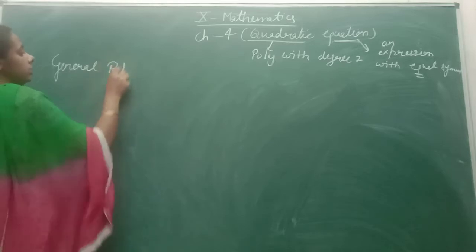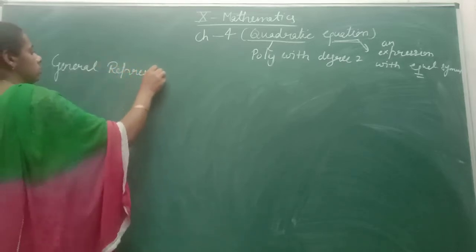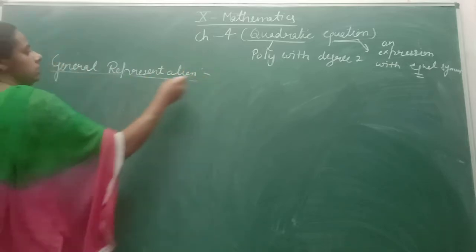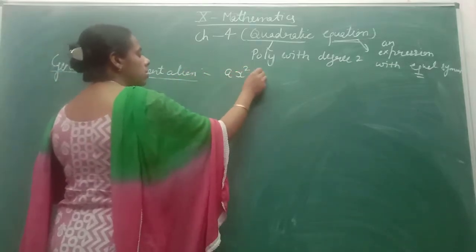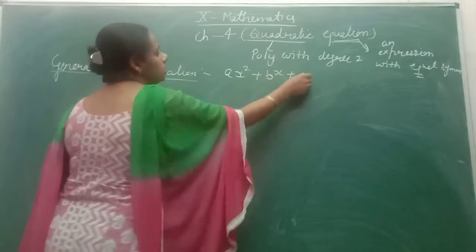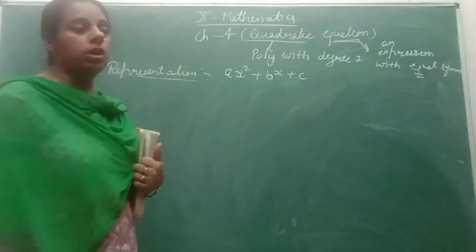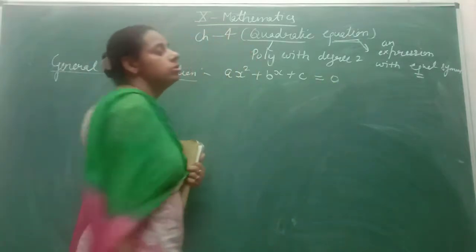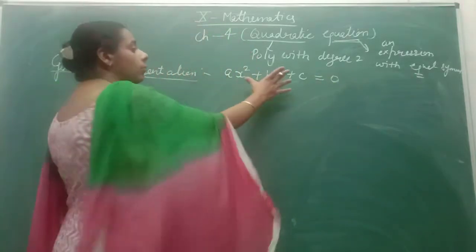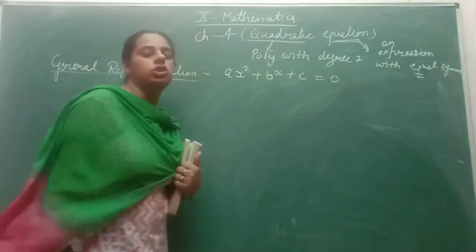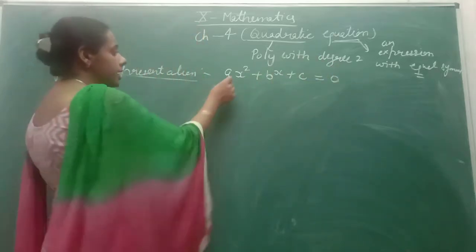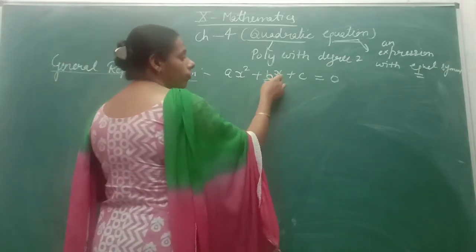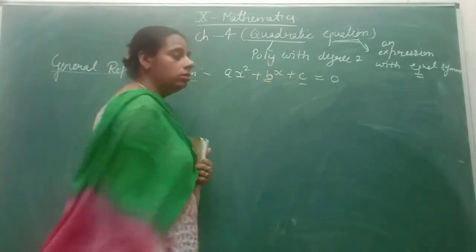General representation of the quadratic equation is ax square plus bx plus c. This is a quadratic polynomial. How does it become an equation? When I put it equal to 0, now this quadratic polynomial becomes an equation. Where a is the coefficient of x square, b is the coefficient of x, and c is the constant term.